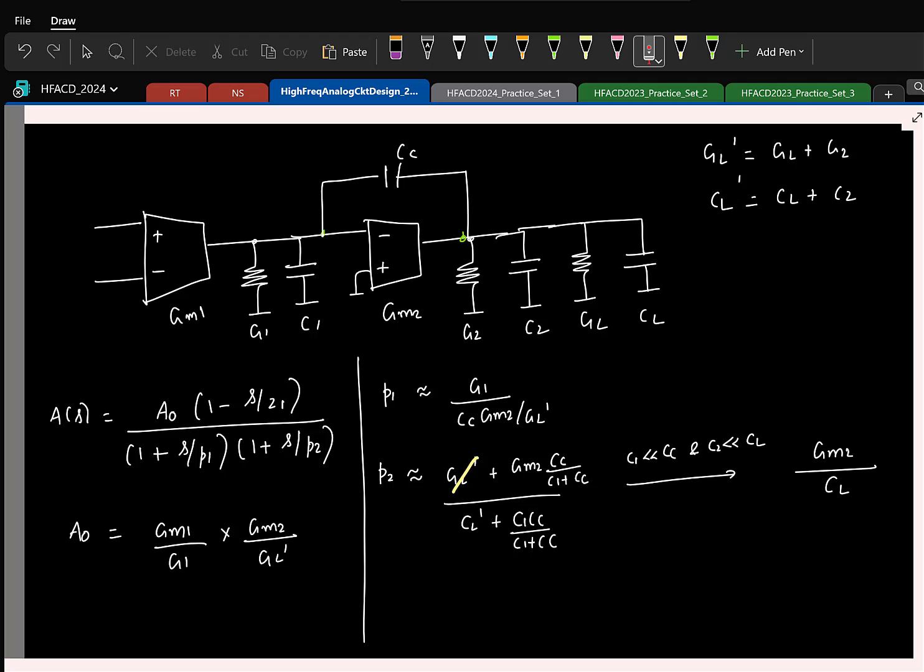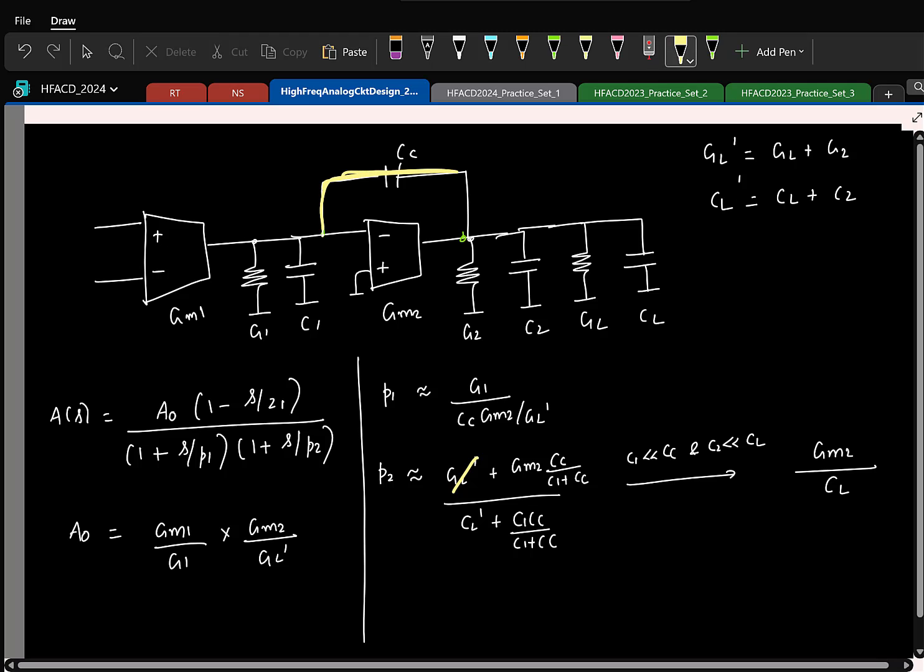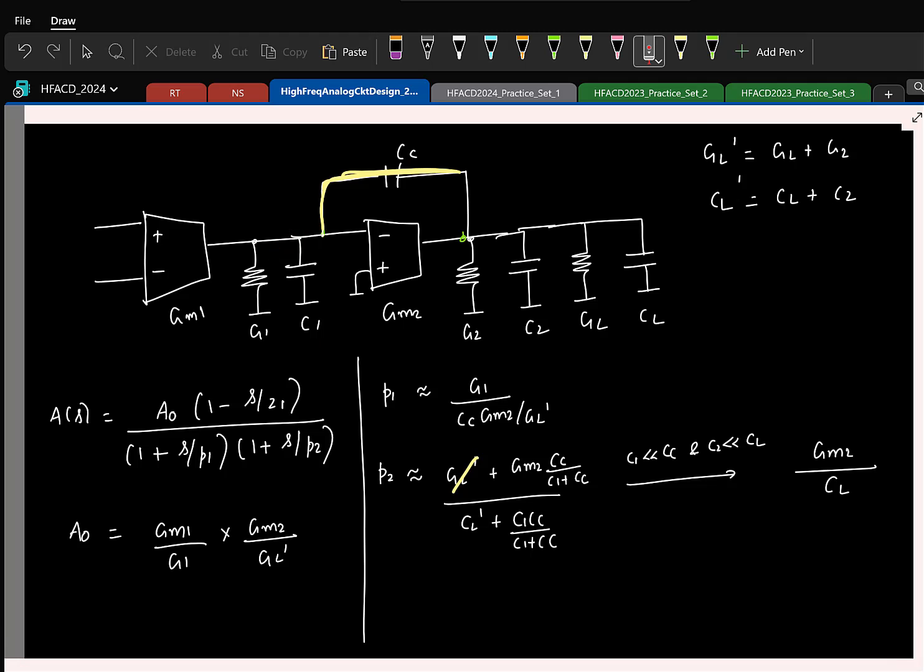CL is much larger, and even if you look at the conductance, what we are saying is CC is much greater than C1, right? So when we are calculating the second pole, which is a high frequency pole, we can assume that at high frequencies, CC will present a short circuit and C1 is open.